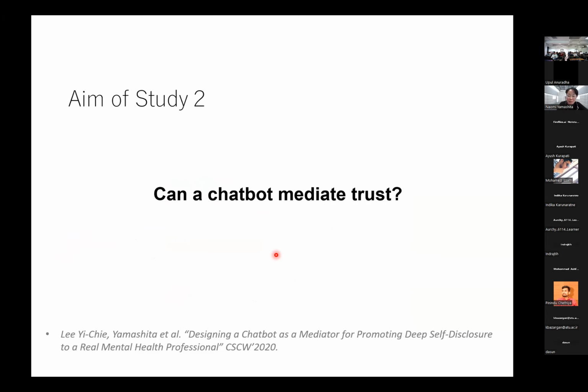And if it can, then it means that the chatbot has the potential to mediate communication between the care receiver and the caregiver without making them feel that their privacy is invaded.